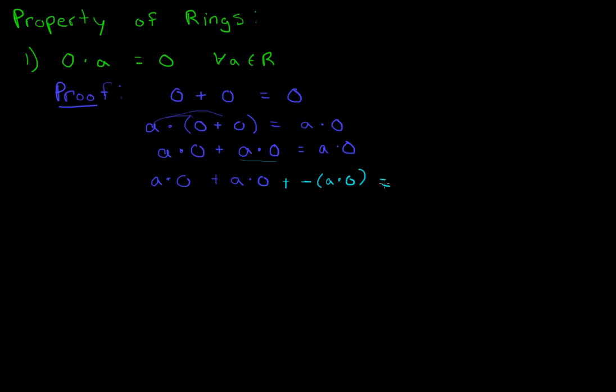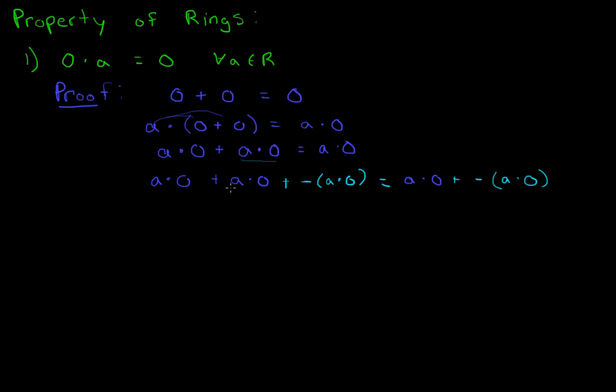This is equal to a times 0 plus the additive inverse for a times 0. So I've just added the additive inverse for a times 0 to both sides.